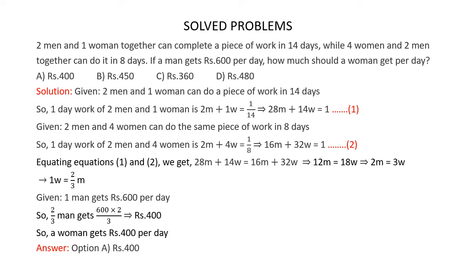Now it's given that 1 man gets rupees 600 per day. So 2 by 3 man gets 600 multiplied by 2 divided by 3, which is rupees 400. Now 2 by 3 man is nothing but 1 woman. So 1 woman gets rupees 400 per day. So the correct answer is option A, rupees 400.